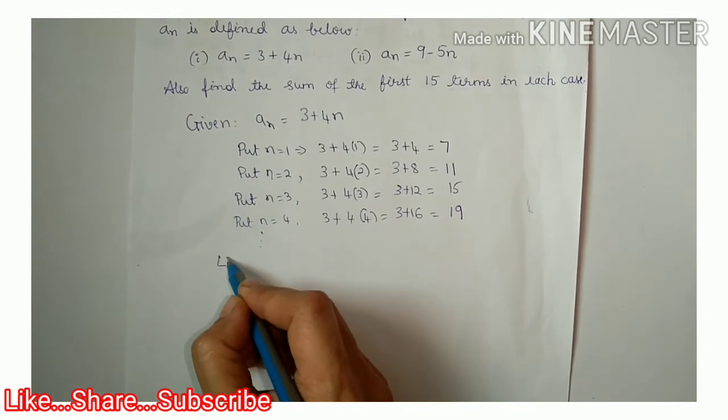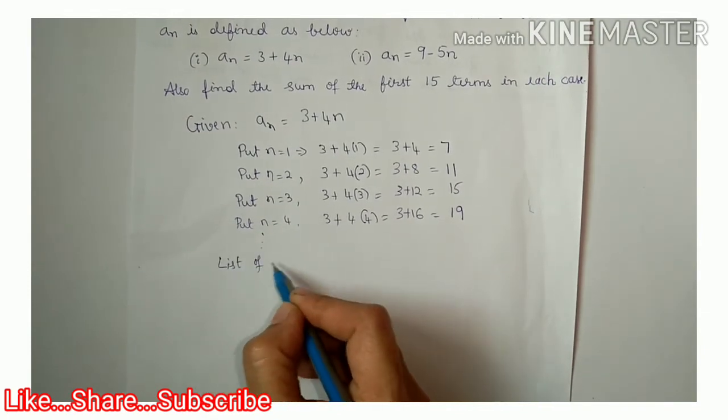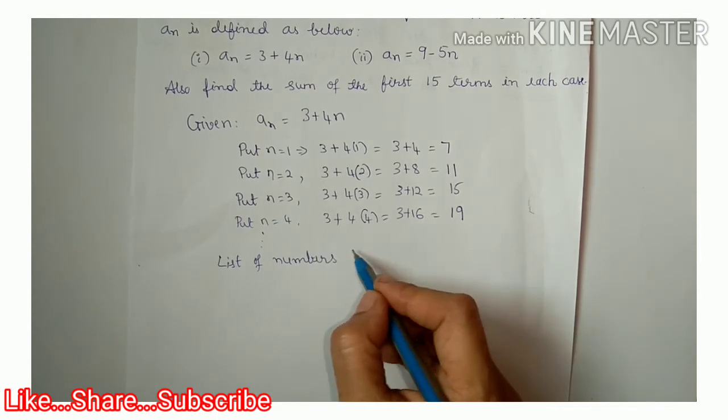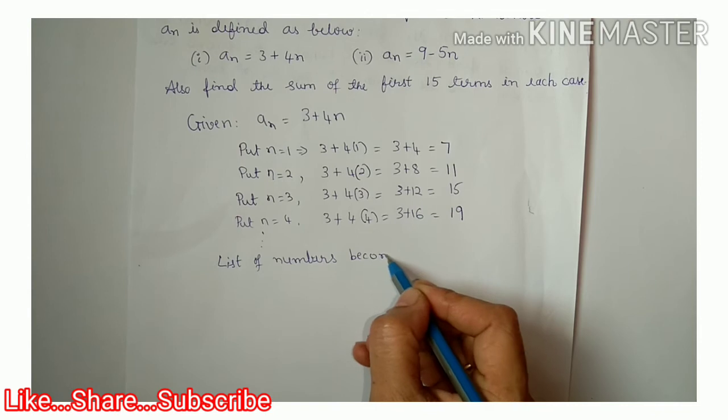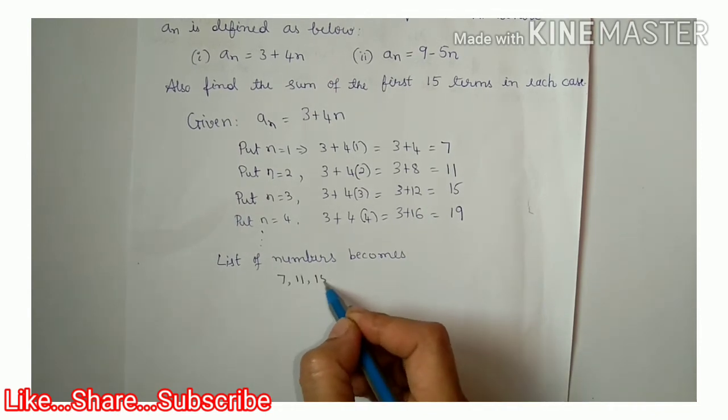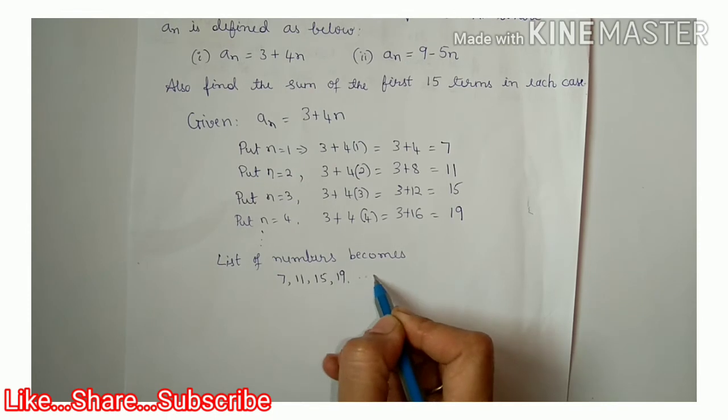The list of numbers becomes 7, 11, 15, 19.